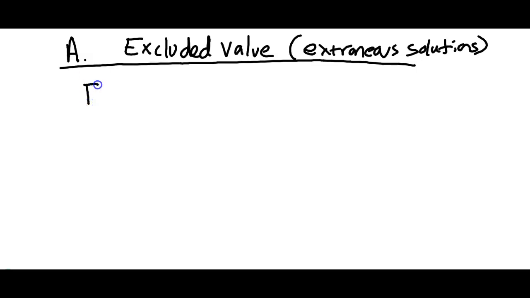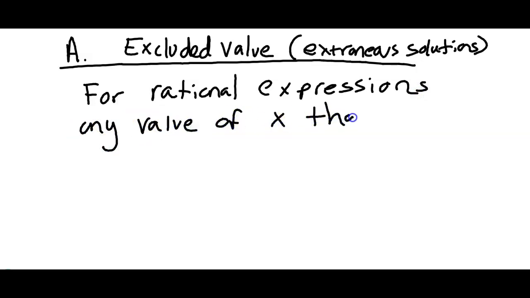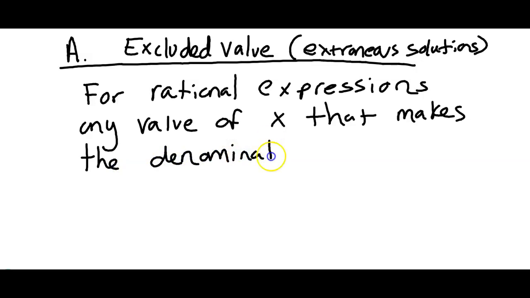For rational expressions, anything that makes the denominator equal 0 would be your excluded values.